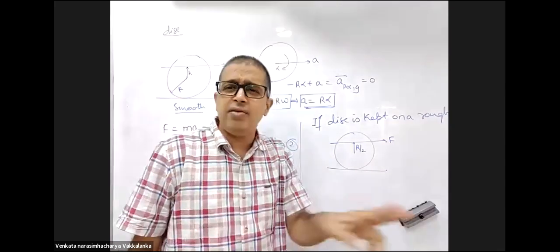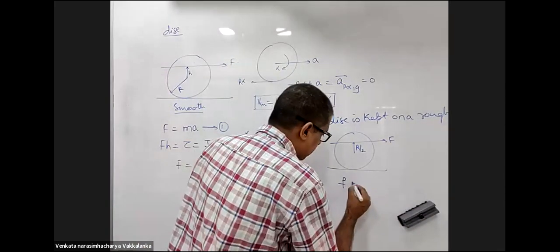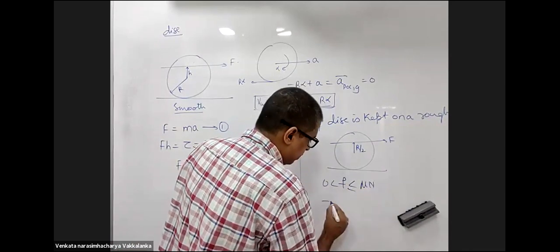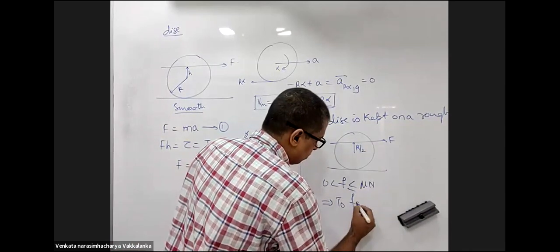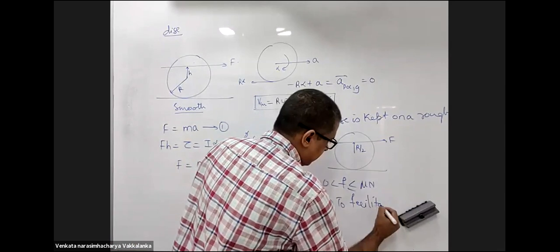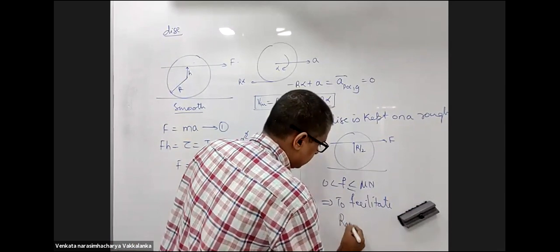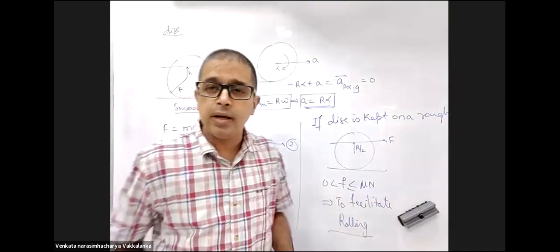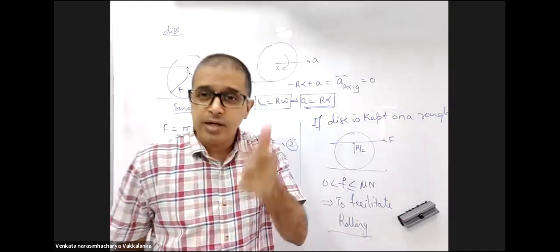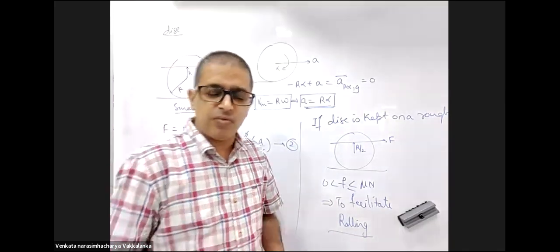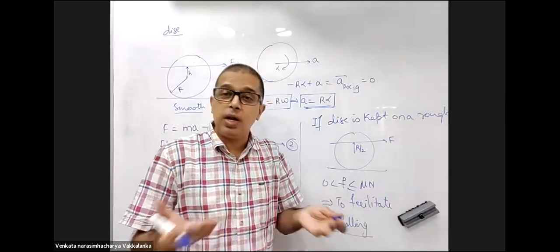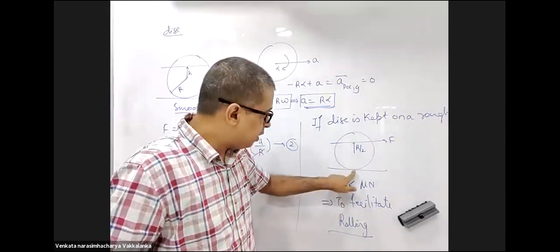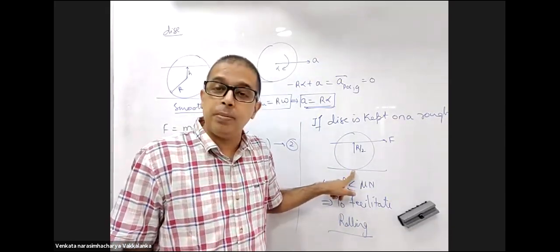Friction will take any value between 0 to mu n, less than or equal to mu n and greater than 0, to facilitate rolling. Why does friction love rolling? Because at the point of contact there is no relative motion. So friction's requirement is that there should be no slipping at this particular point.